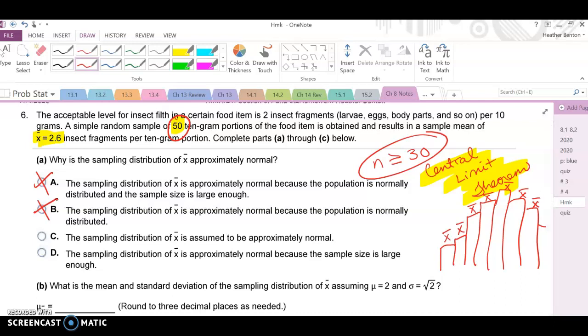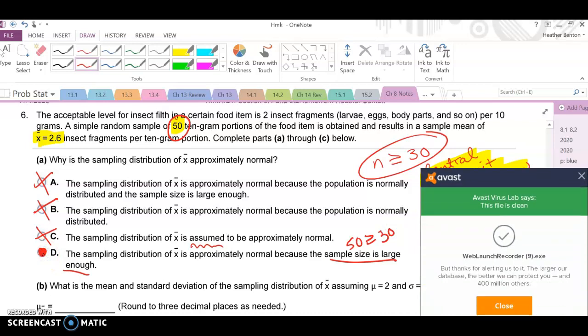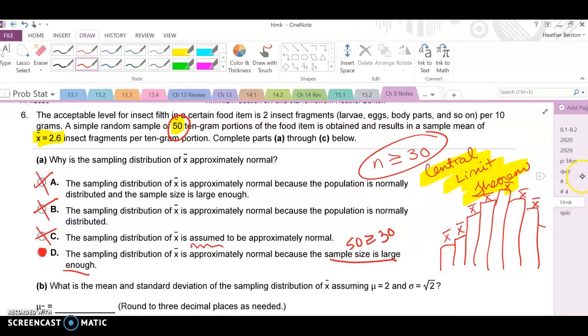C, it's normal because it's normal. We assume it's normal. Well, we try not to assume, so it's not that one. And then D, it's because the sample size, 50, is greater than or equal to 30. So we're good there. Our answer is D as in dog.